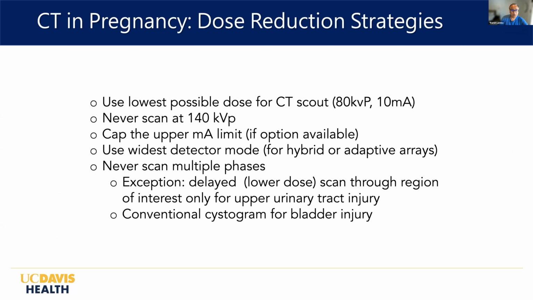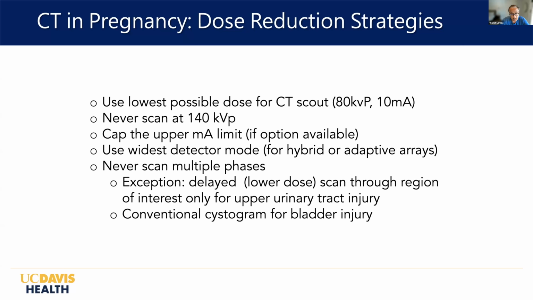Dose reduction strategies. We use the lowest dose for the scout exam, never scan at 140. We do use dose modulation, but we cap the upper mA limit, because in these pregnant patients the belly can be quite big in some cases, and then the dose modulation can kick in pretty hard. So my strategy is to cap the upper mA limit, if that option is available in your scanner; it's not available on all scanners.